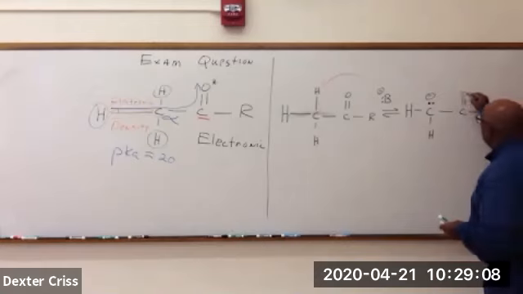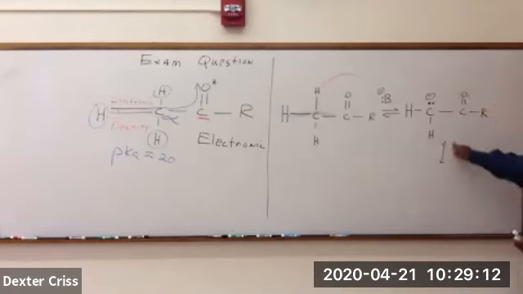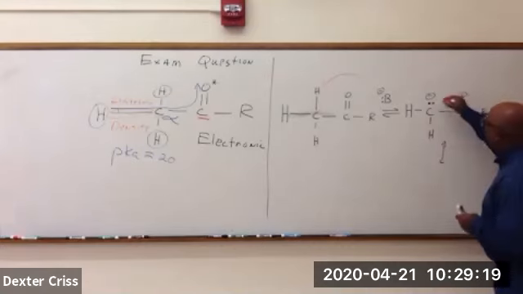But resonance, a double-headed arrow, allows us to delocalize these electrons.